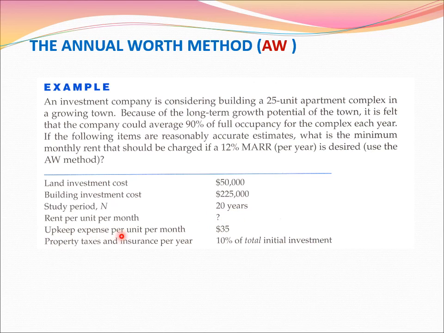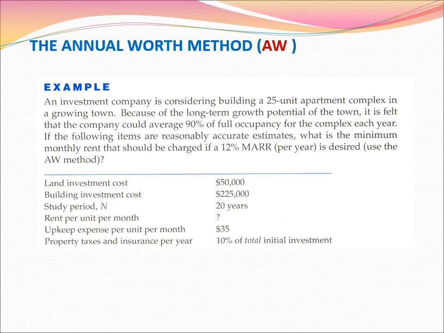It says that the upkeep expense per each unit in the apartment per each month is $35. And also we are going to pay property taxes and insurance each year, which is 10% of the total initial investment. Okay, in order to solve this question, again, the first thing is to sketch the cash flow diagram.